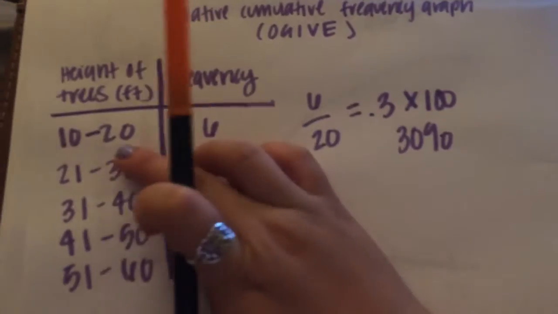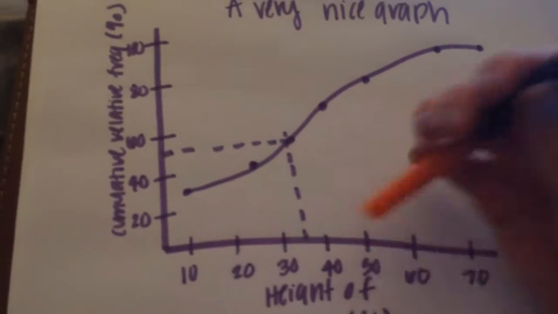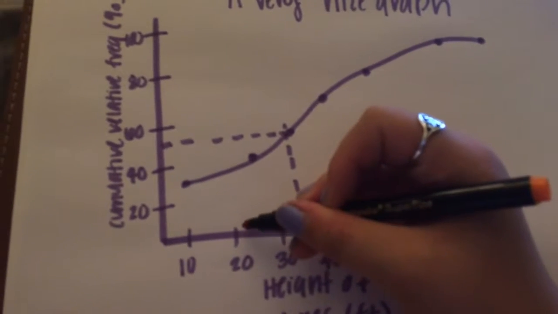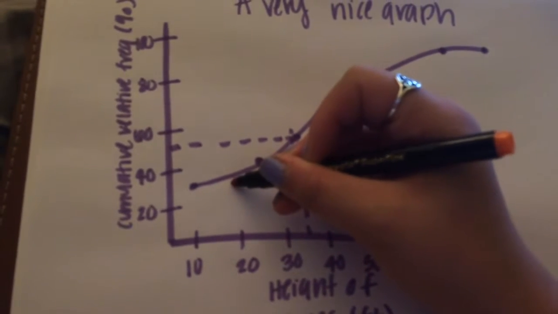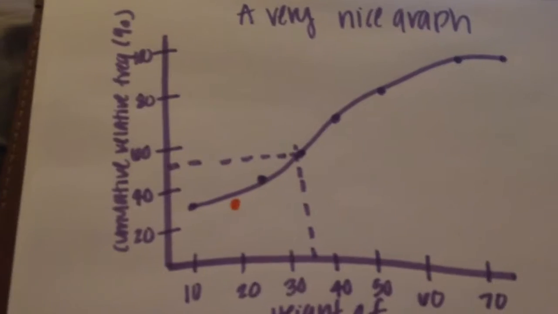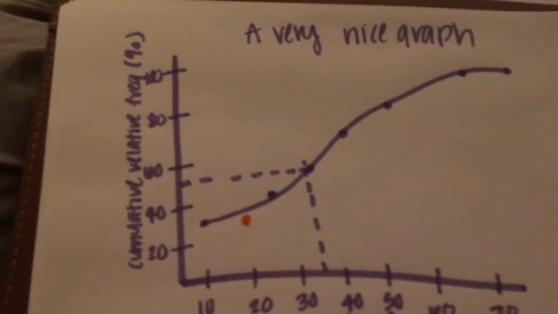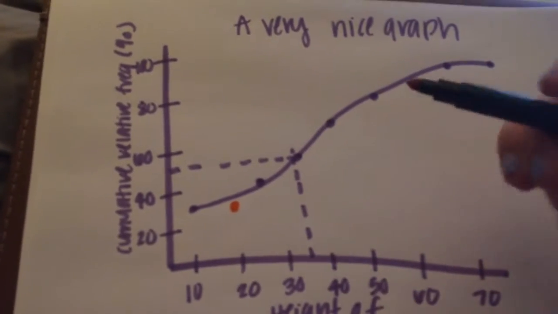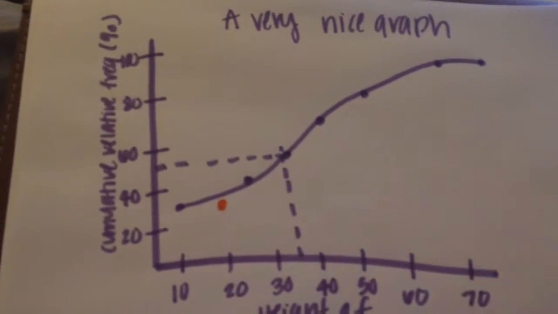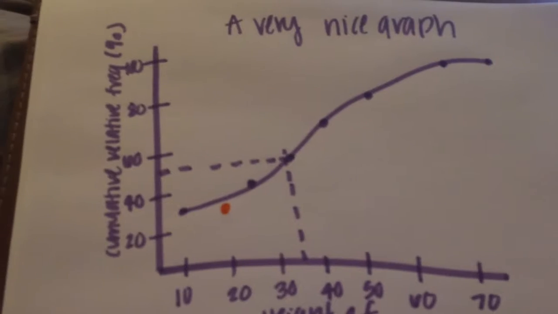So at 21, you graph the 30 percentile. So right about here, and then for the next one, you continue graphing. So that's how you do it to be accurate, but that's where you would start.